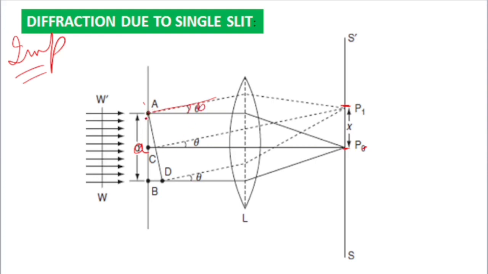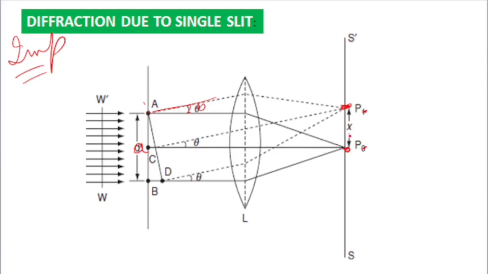According to Huygens principle, each point on this slit acts as a source of secondary wavelets which are in same phase. So these wavelets spread out in all directions and form diffraction pattern on the screen. These rays are focused at one point on the screen with the help of this convex lens. Those which are not diffracted, which go straight, meet at the center of the screen, and those which are diffracted through some angle theta meet at this point, suppose P on the screen.